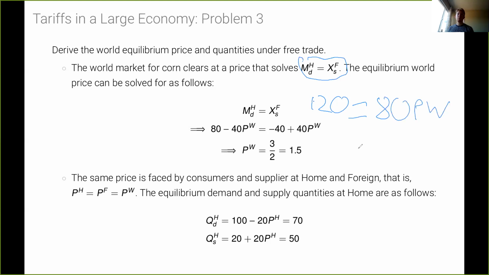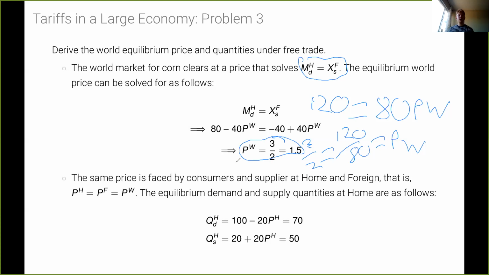So I'll get 120 equals 80 PW. Then 120 divided by 80 will be my world price. Noting that these both are multiples of 40, this simplifies down to 3/2.